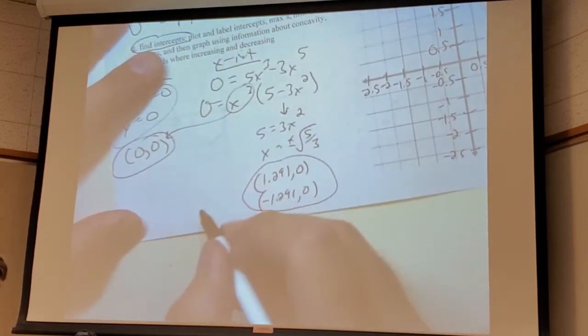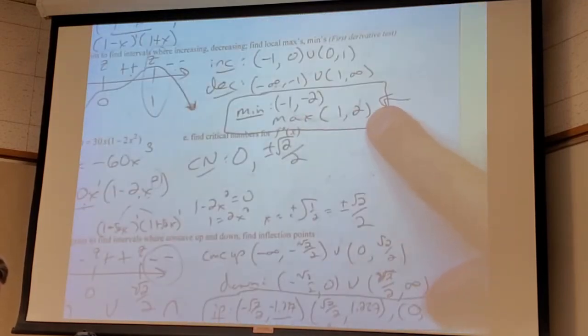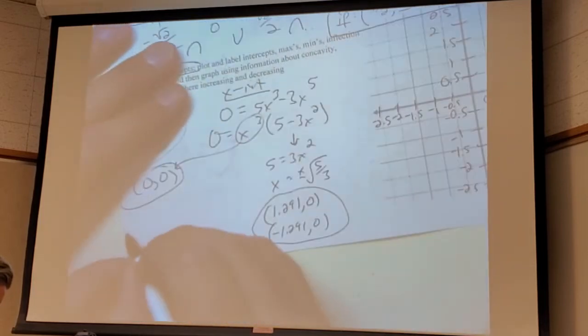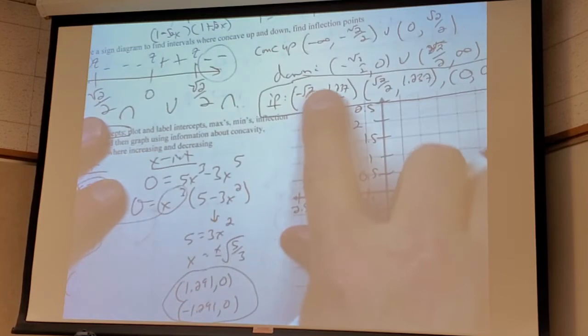Now let's do the min and max. Are my inflection points here nice? No. So let me rewrite them. And I already kind of gave this to you. Rad 2 over 2 is basically 0.7, right?